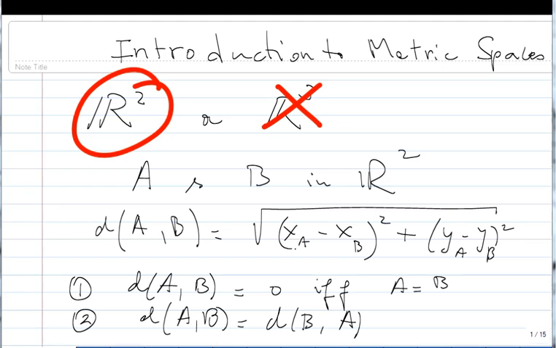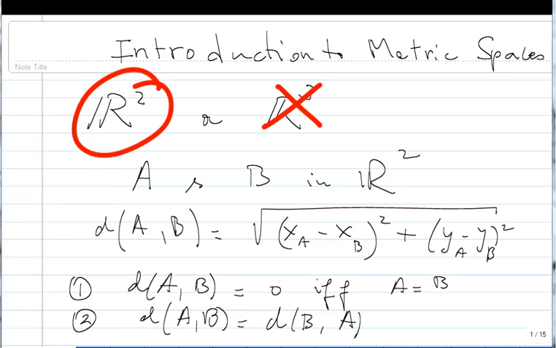What this number two implies is that when we talk about the distance from A to B, we can easily say the distance between A and B. It doesn't matter which one you start with and which one you end up at. If the distance from B to A were different than the distance from A to B, we could not say that. But since the two are the same, we can say the distance between A and B without being precise about from what to what.